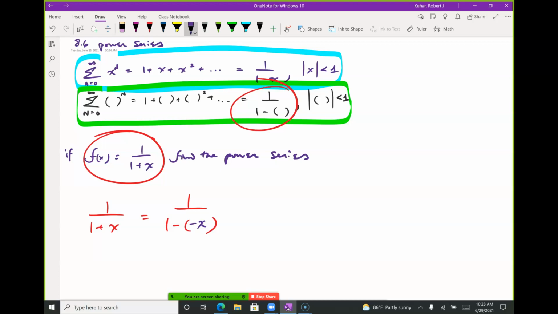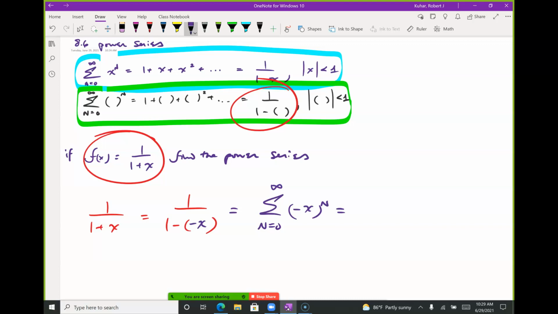So I'm now saying that this is the series from n equals 0 to infinity of negative x to the n. And I'd like to manipulate this a little bit before I do anything else. I'd like to take care of the plus minus, the signs, the coefficients, like if I had a 2, and then the x terms.